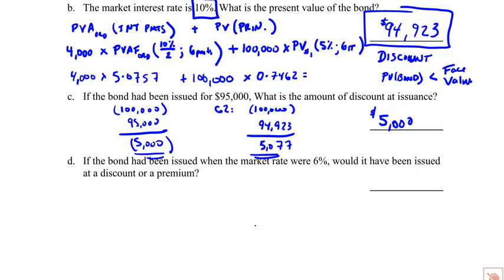If the bond had been issued when the market rate was 6%, would it have been issued at a discount or a premium? The answer is a premium. Premium means, if and only if, market rate less than the coupon rate.